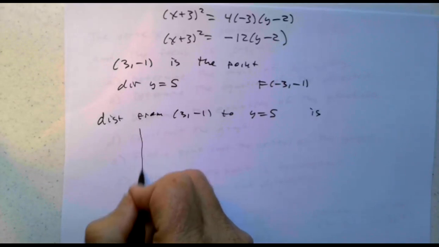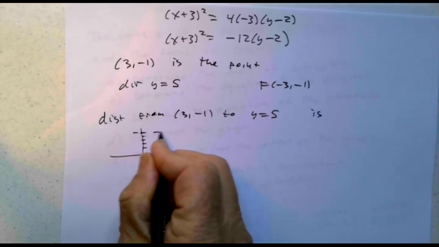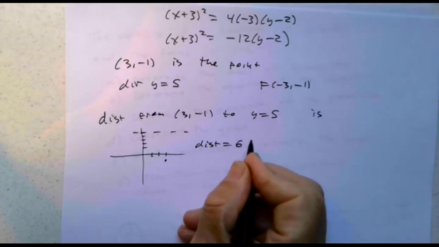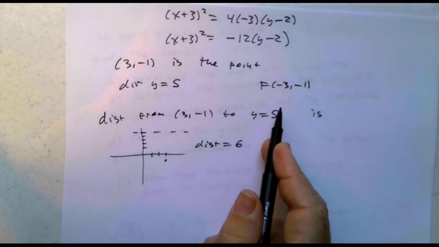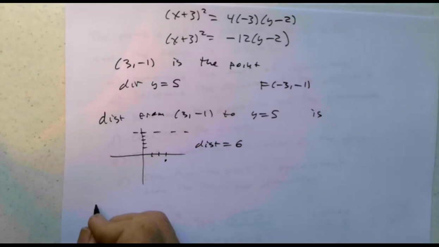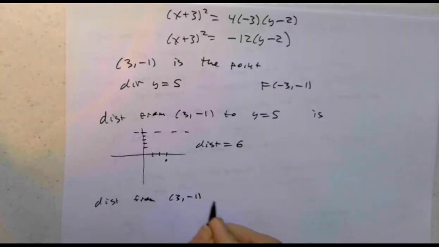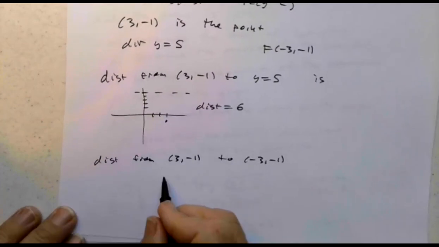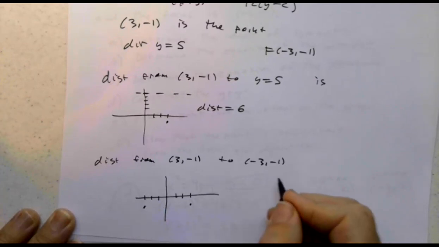Well, again, you can just think about it: 1, 2, 3, from -1 to y equals 5. It's 6, right? 5 this way, 1 more. Distance is 6. And the distance from the focus: the focus is (-3, -1). So what is the distance from (3, -1) to the focus at (-3, -1)? Again, I hope that's pretty much obvious. Remember that a parabola is a set of points equidistant from the focus and the directrix, and again, that distance equals 6.